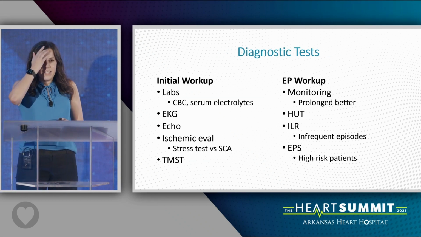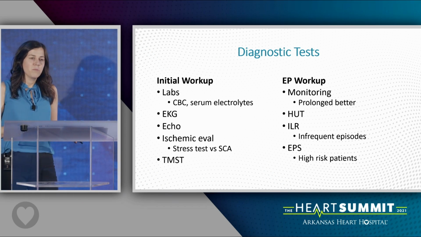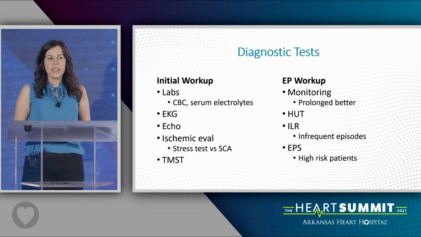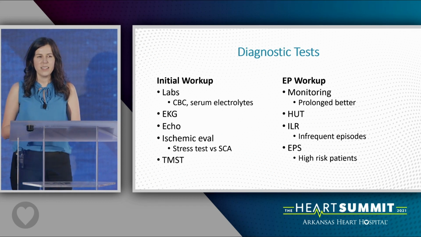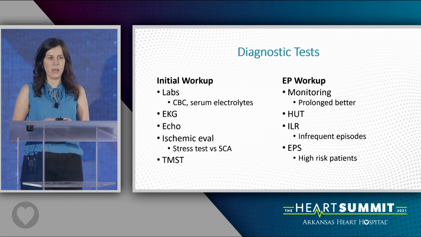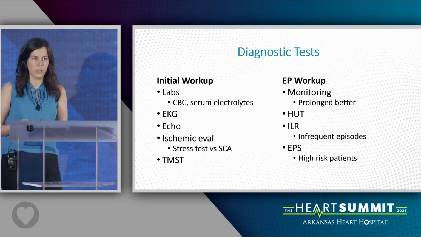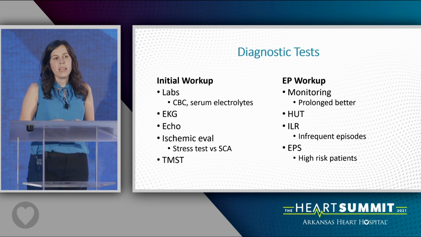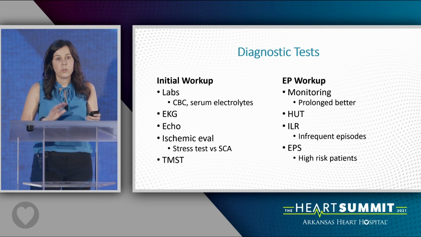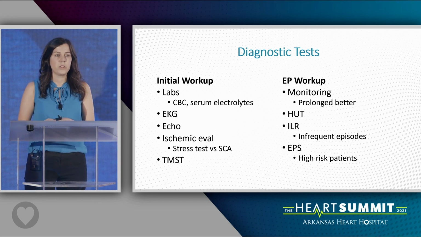For our diagnostic testing, the initial workup can usually be done in a primary care setting. We're looking at labs, CBC, serum electrolytes, and EKG, which isn't usually high yield for syncope but can be helpful in ruling out different things. An echocardiogram would be a good example for obstructive disease, ruling out any kind of valvular issue.